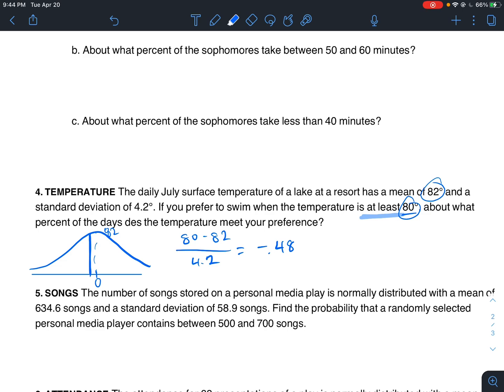This wording is meant to get you to think less than, but at least means I want it to be warmer than 80 degrees. So I'm trying to find this area right here. You're going to have to do 1 subtract the area under the curve for this z-score right there.